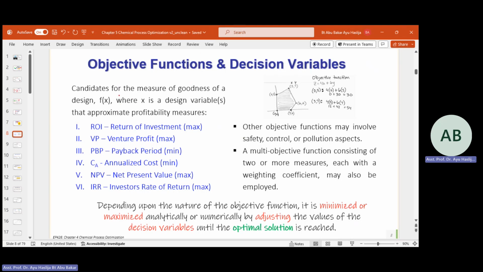These are the candidates for the measure of the objective function, where x is a design variable that approximates profitability measures. So these can be the decision variables.